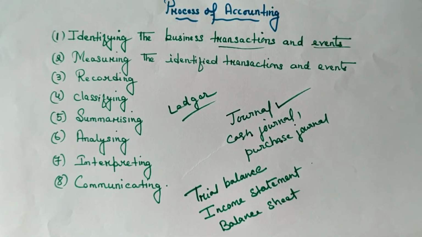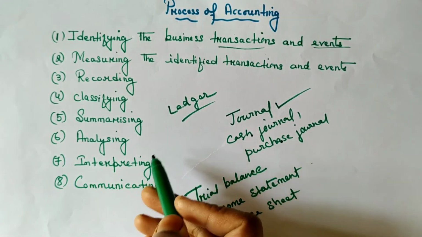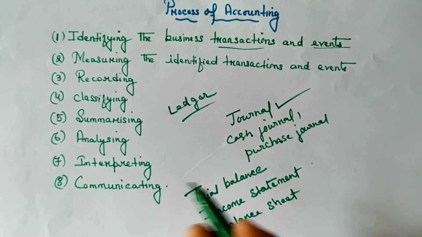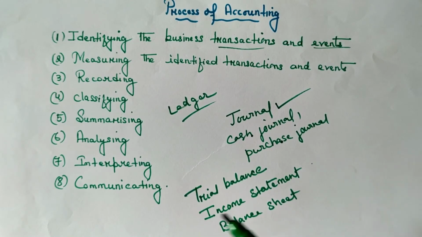Now, let's see the next step. The next step is analyzing. This is concerned with the establishment of relationship between the various items or group of items taken from income statement or balance sheet or both. Why is analysis important?